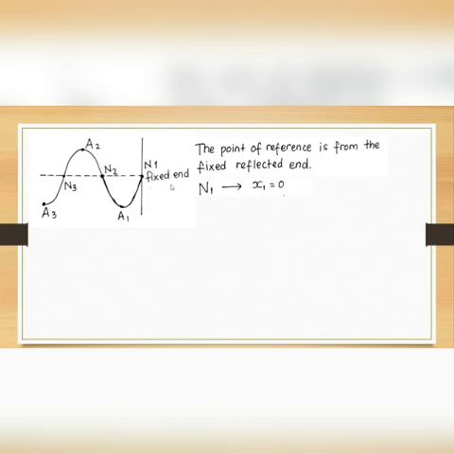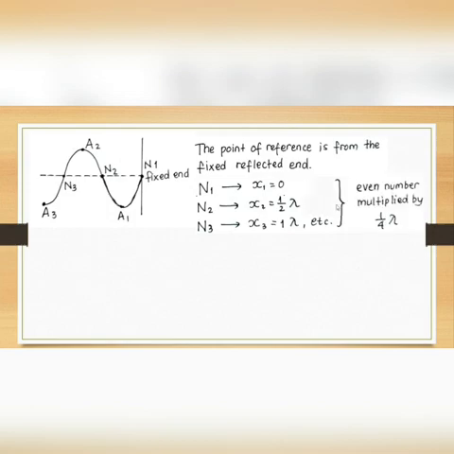Remember that. So this is a node, the first node. The first node is at x equals 0, where x is the distance from the fixed end. The second node will be formed at x equals a half lambda. The third node will be formed at 1 lambda, and so on.